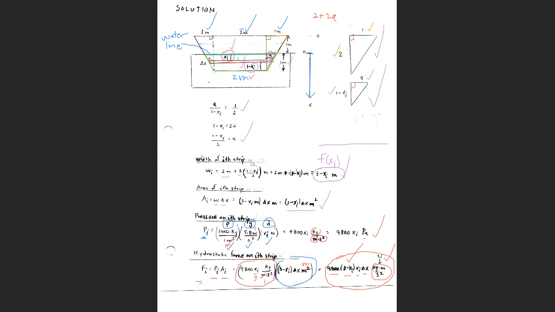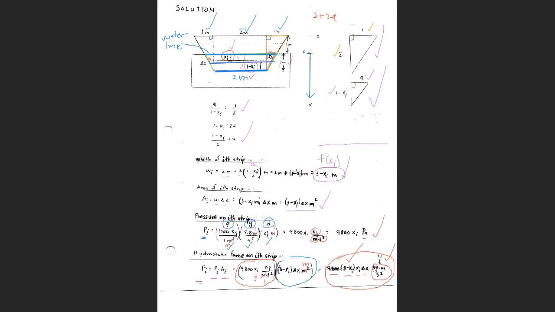This layer here at the very bottom, how far down is that from the water line? It's 1 meter. That's right. This layer in the middle, how far down is it from the water line? About half a meter, right. The layer at the top, how far is it down from the water line? 0 meters. Hence, your limits will be from 0 to 1.